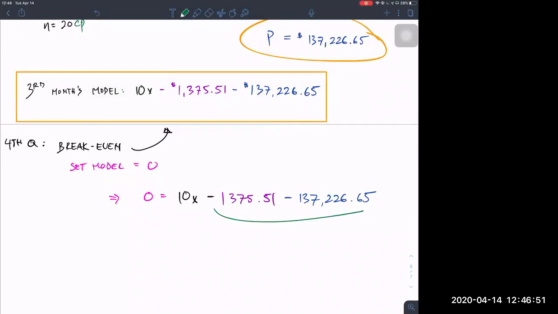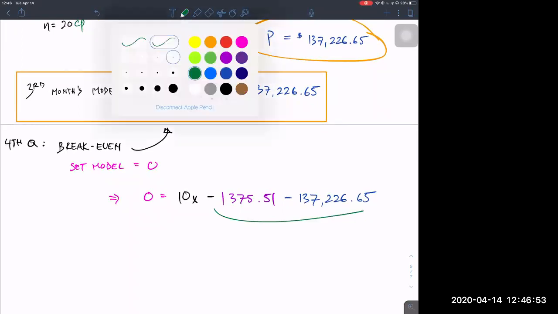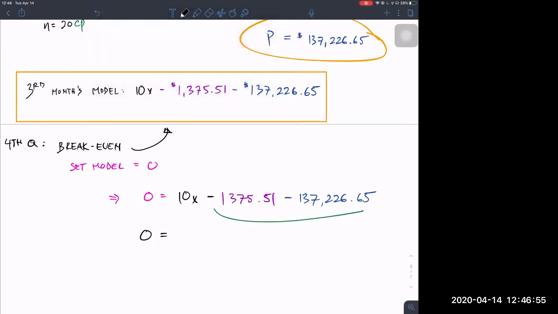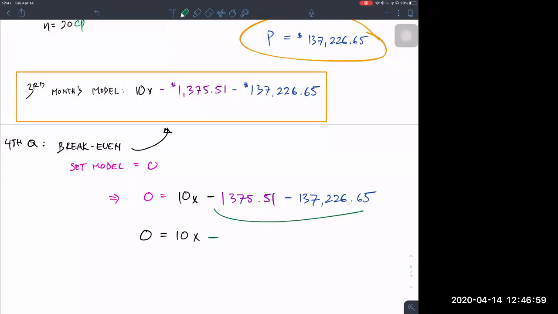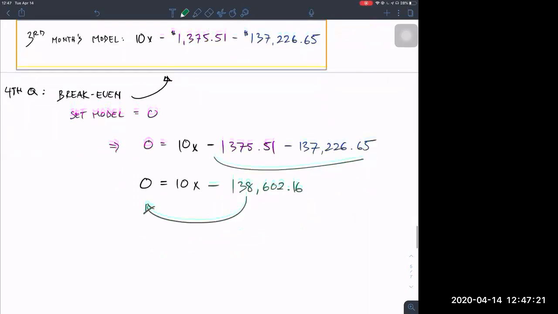What do you get? We get 0 equals 10x minus 1,375.51 minus 137,226.65, which gives 138,602.16, and that goes to the other side. Then we have to divide by 10, right?